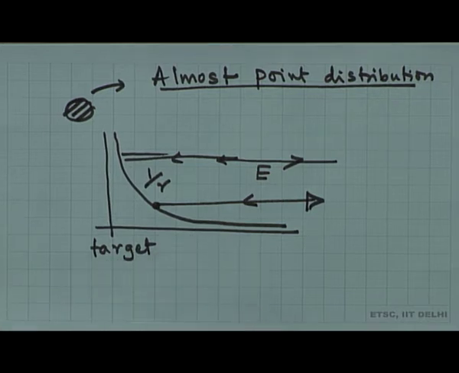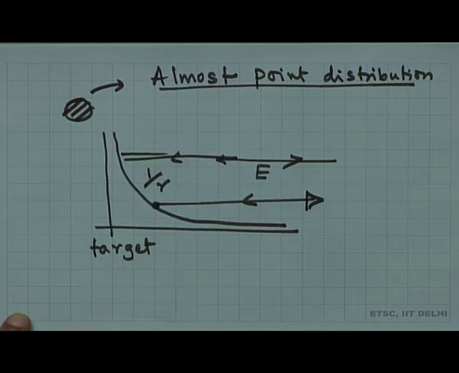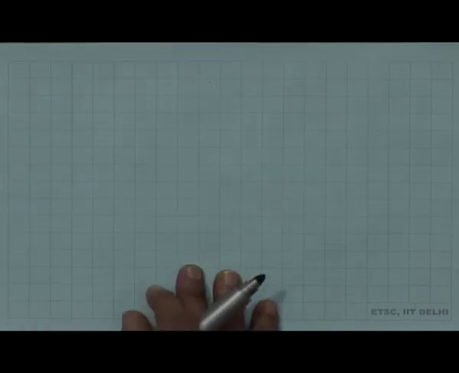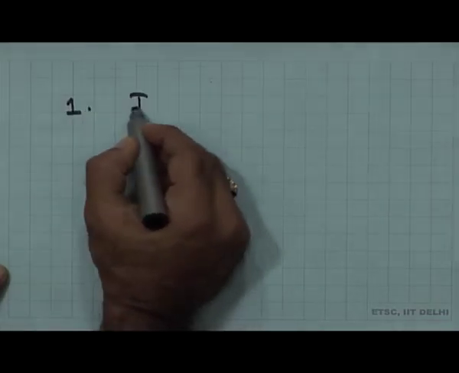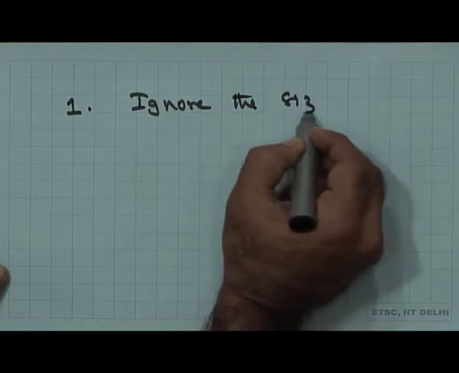But in this picture, however large your energy may be, my alpha particle will never be able to reach the target, because this virtually goes to infinity. Now for the time being, let us ignore the finite size of the atom, and let us make an estimation of how close the alpha particle can get to, and then compare it with the size of the atom. So we are going to do it in 2 steps. The first step is ignore the size of the atom.